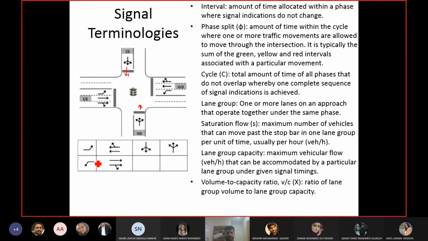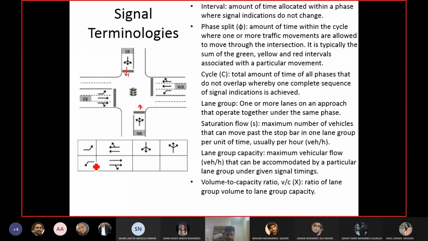Now for this particular intersection, this is what we call a ring diagram. We have studied it in the traffic engineering course as well, but I will just refresh your minds. Every side of the signal is shown in a different box, even if they are operating in the same phase, since they are on different approaches.